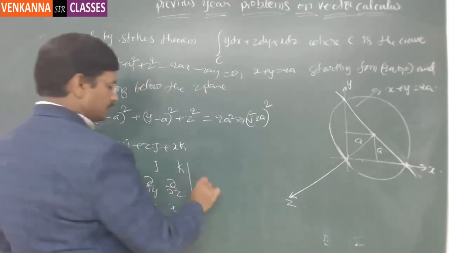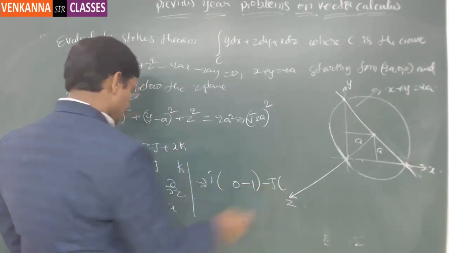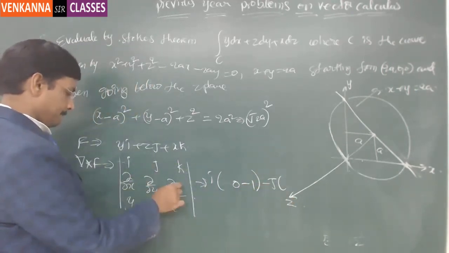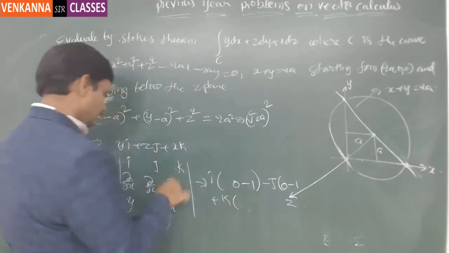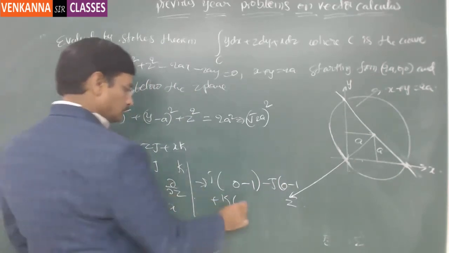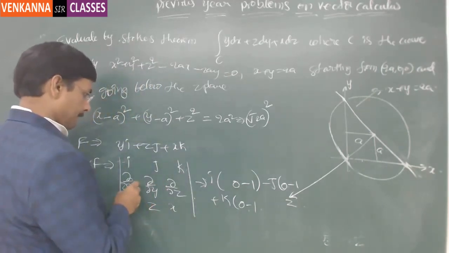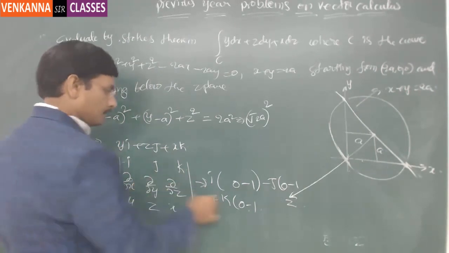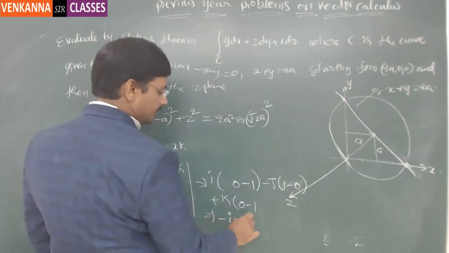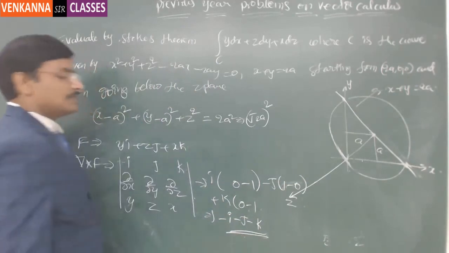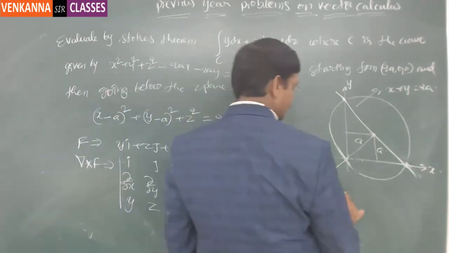So this value is i times of 0 minus 1, minus j times of 0 minus 1, plus k times of 0 minus 1. So this is going to be minus i minus j minus k. So this is the del cross F value, right?